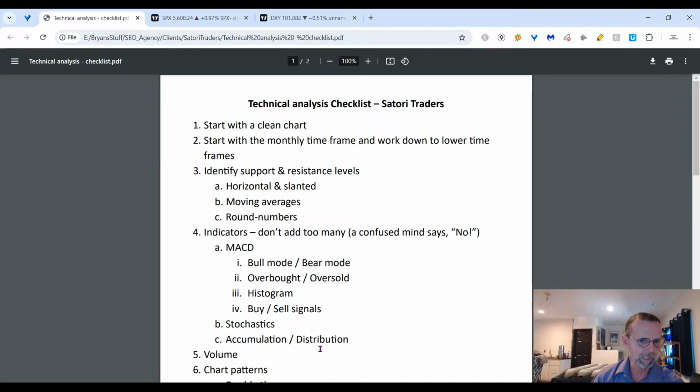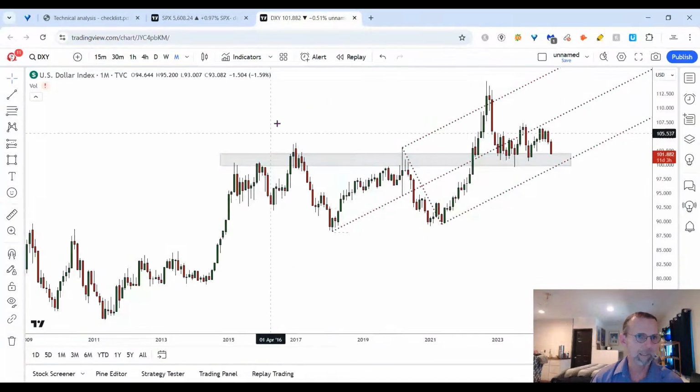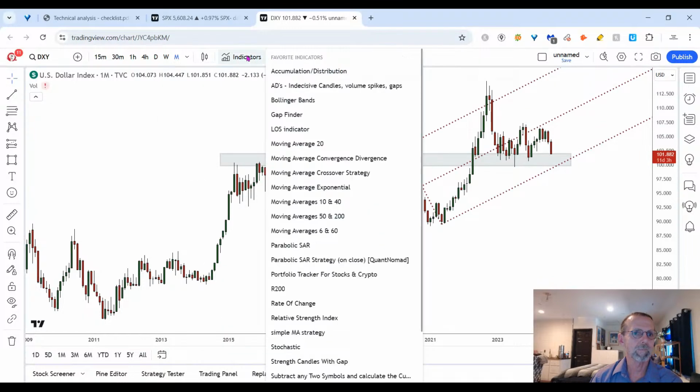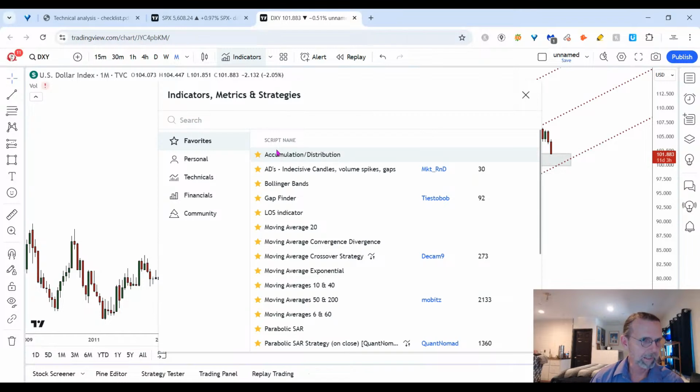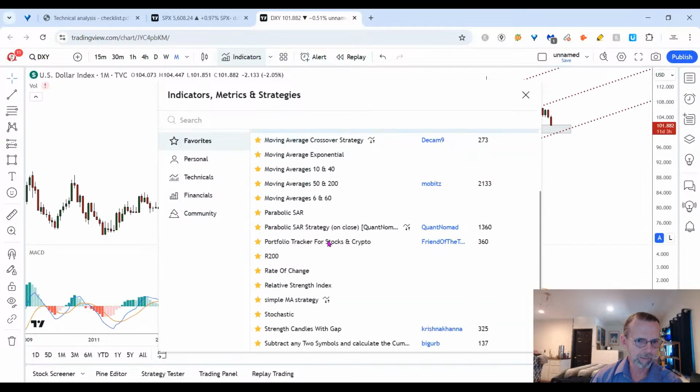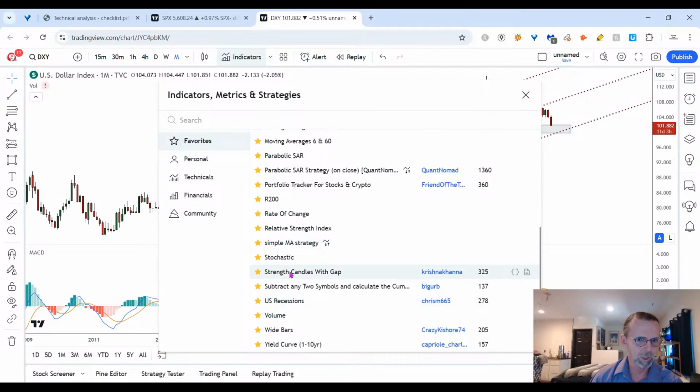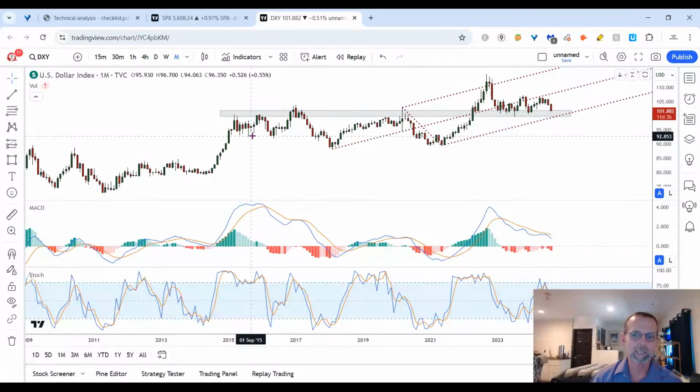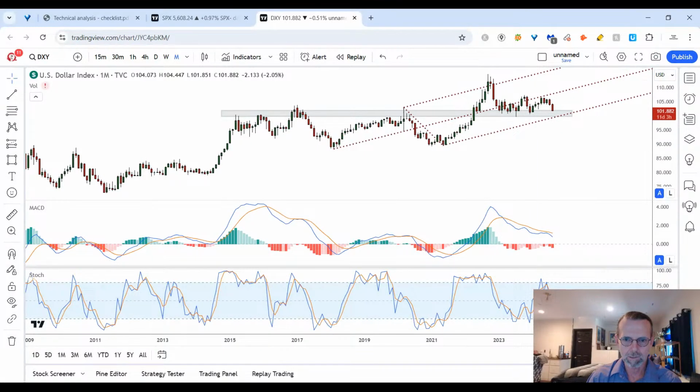I think indicators, well, we can look at the indicators in the monthly time frame. I seem to have a delay. I've got too much going, I think. So let's look at moving average convergence divergence, which everybody calls MACD.